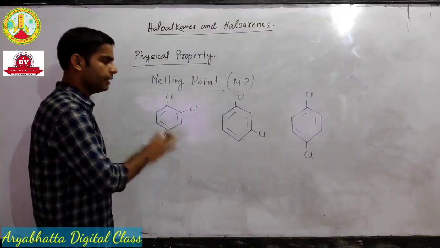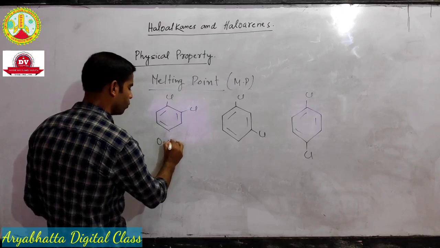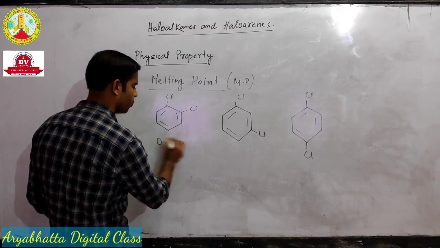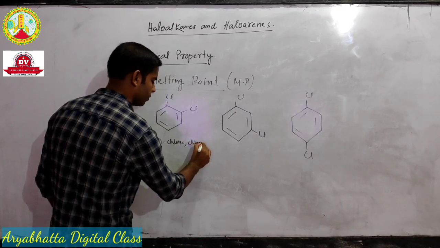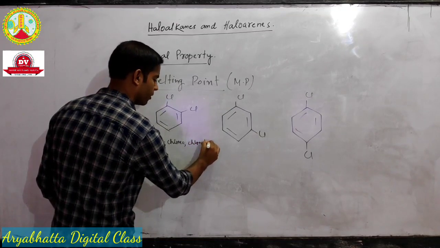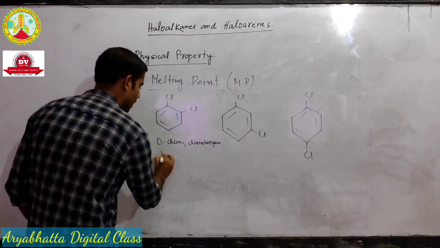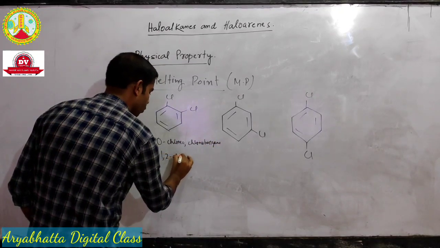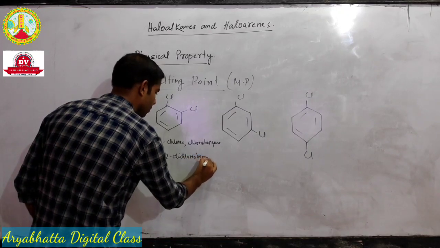It's easy to understand that this one is ortho, or 1,2, the IUPAC name is 1,2-dichlorobenzene.